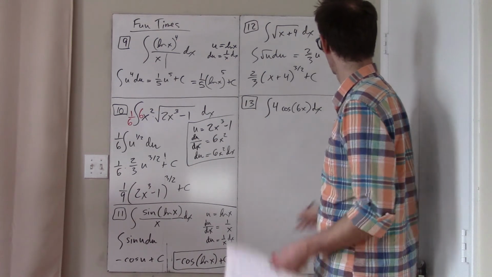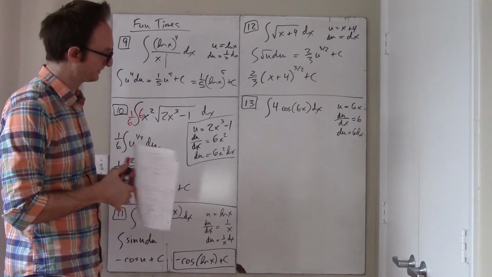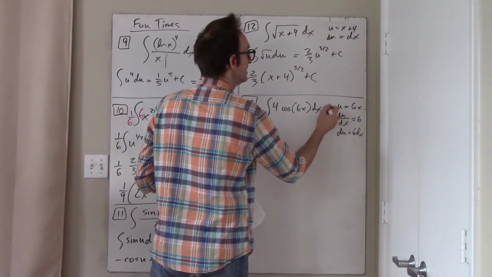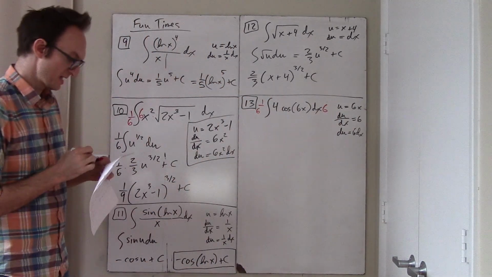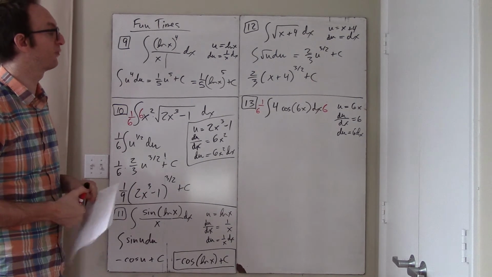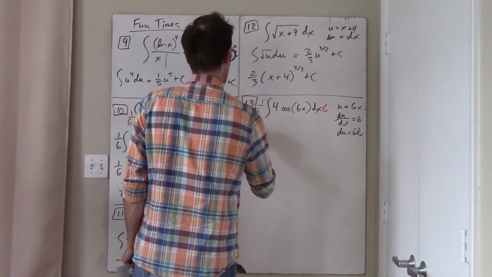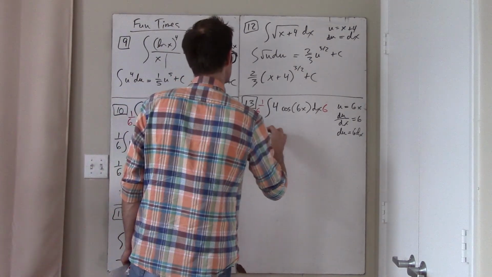And I don't have a 6 in there, I have a 4, so whatever. There are multiple ways to do this, but you could just stick in the 6 and undo the damage with a 1/6. And now pulling the 4 out, this gives me 2/3 cosine u du.